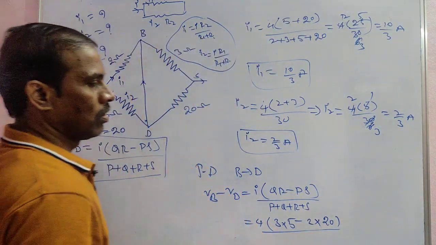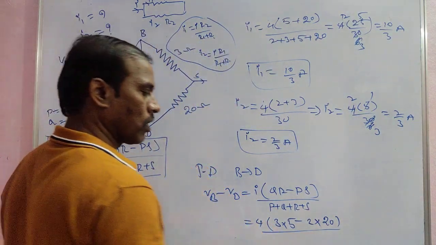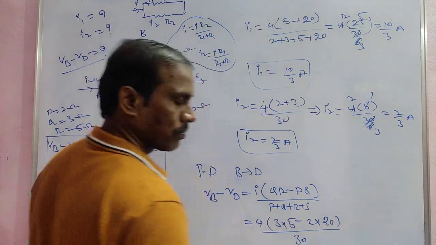Total 2 plus 3 plus 5 plus 20 is equal to 30.